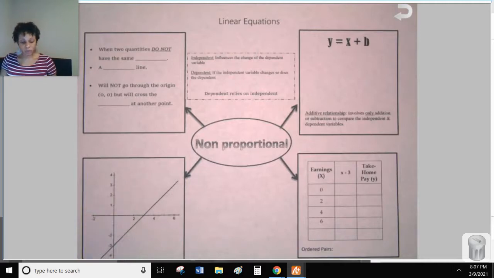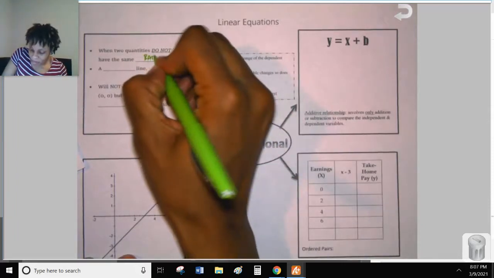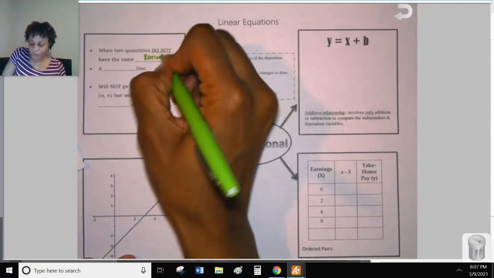Of course, non-proportional will be different from proportional, but there'll be a few things that are still the same. So a non-proportional is still a linear equation, which means it's still going to be a straight line on the graph, right? Non-proportional relationships are when two quantities do not have the same ratio, okay?